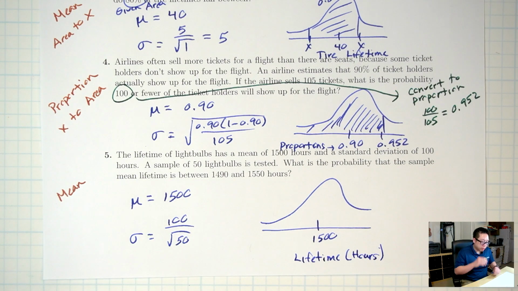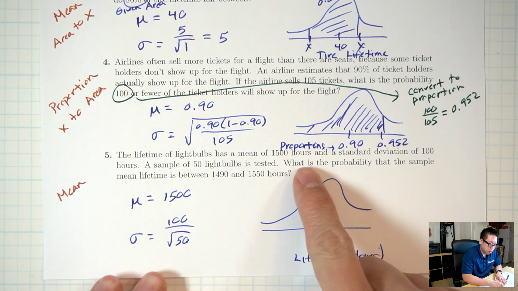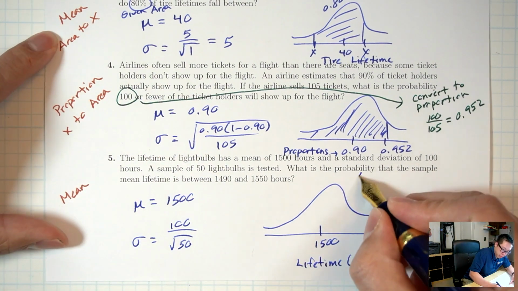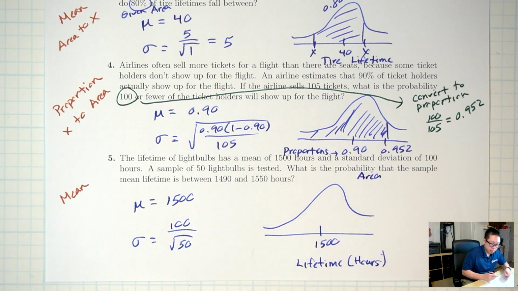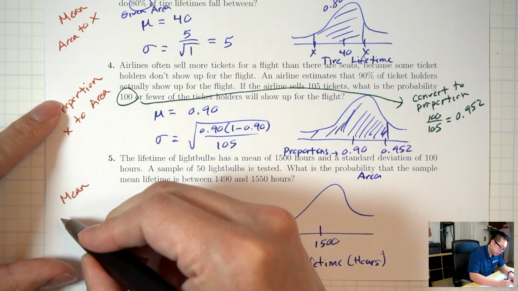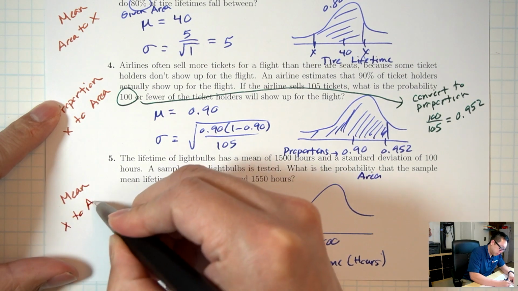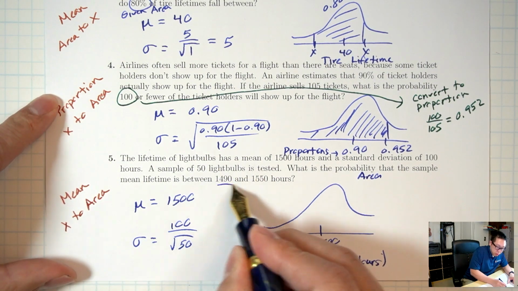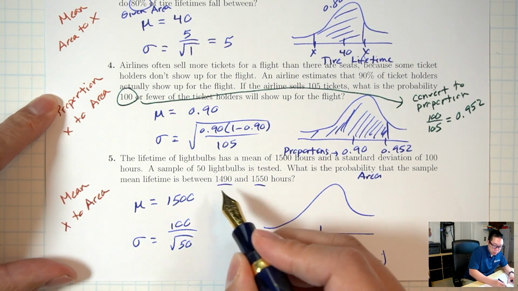Okay. Now, is this an x to area or an area to x? What is the probability? What is the area? Okay, this would have to be x to area question. I'm also giving you these two numbers, right? Those are hours.